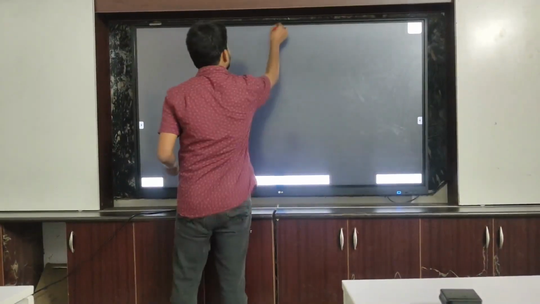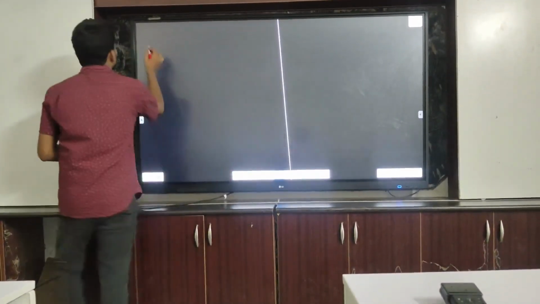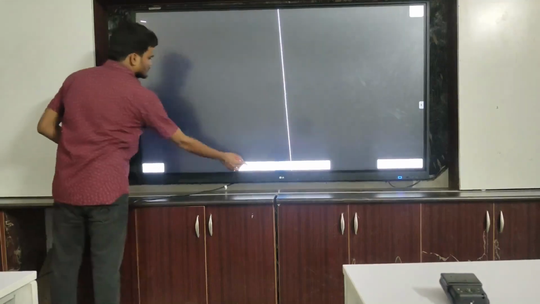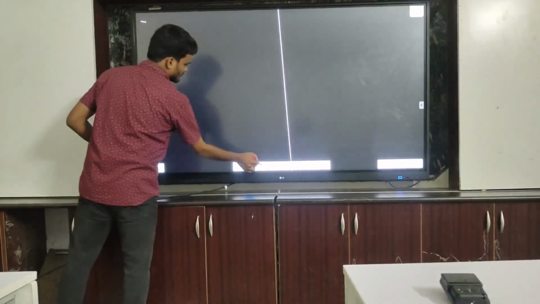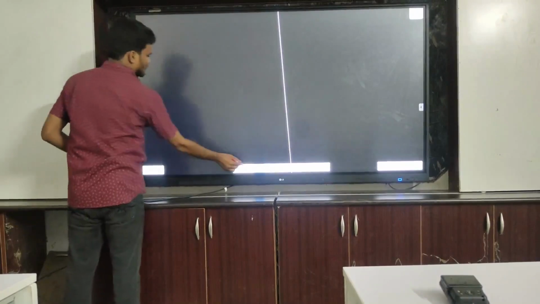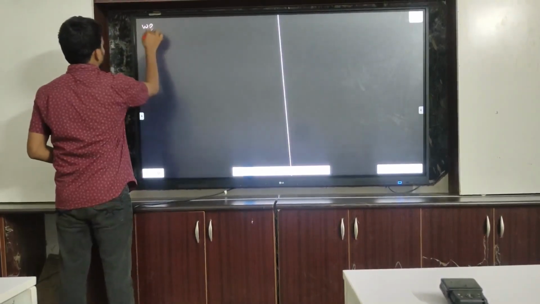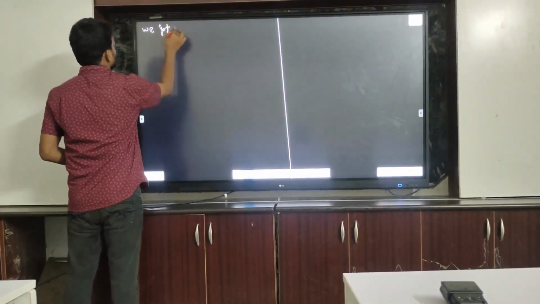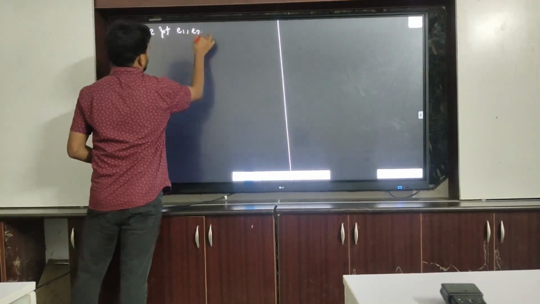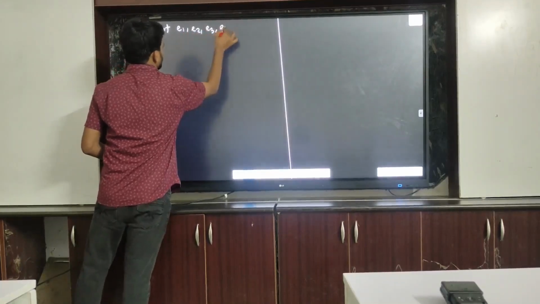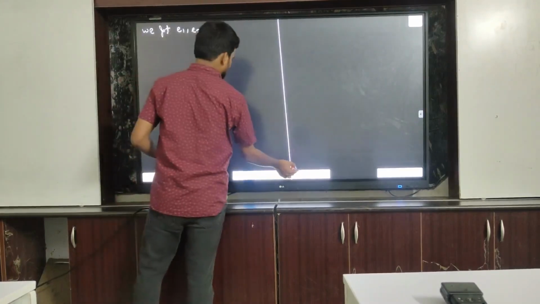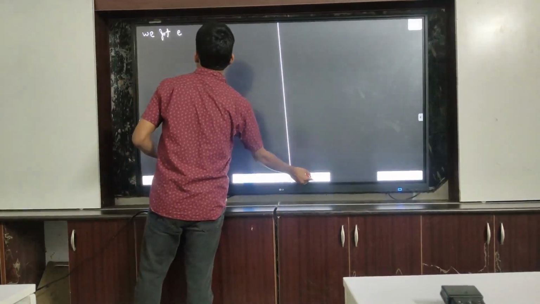So what does it imply? E1, E2, E3, E4 are all distinct, right?